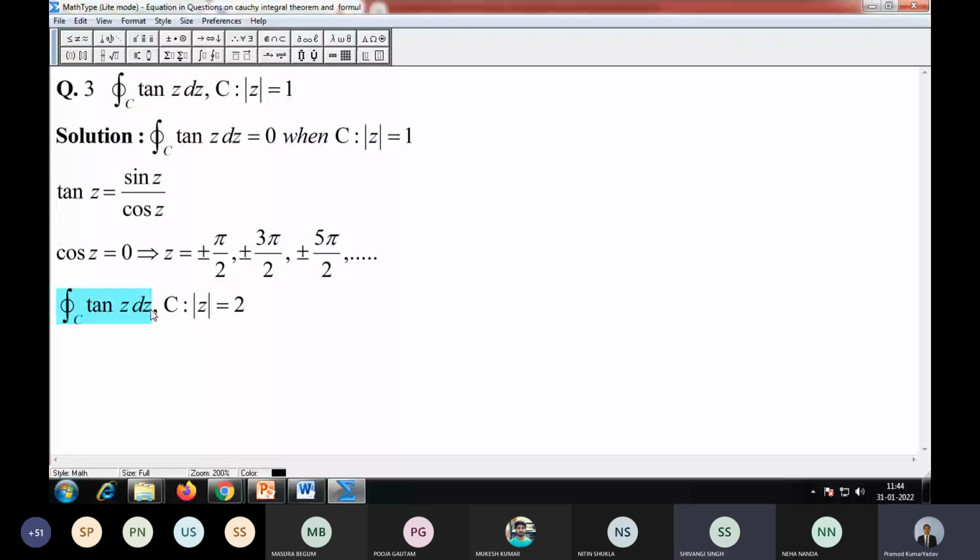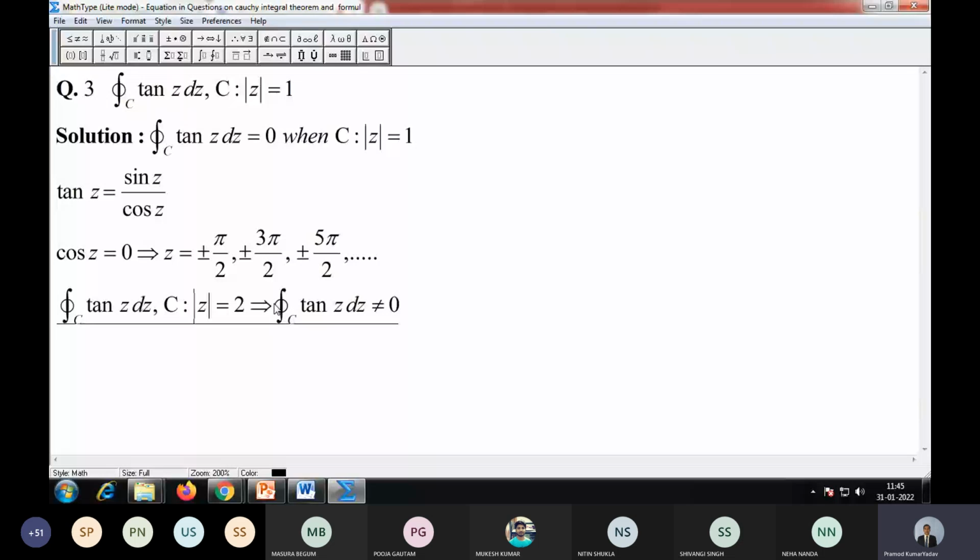No, sir. In this case, this will not come 0. Please be careful. This is not going to come 0 because there are 2 points, plus and minus pi by 2, inside C where the function is not analytic. So we can't use Cauchy integral theorem and the result will not come 0.